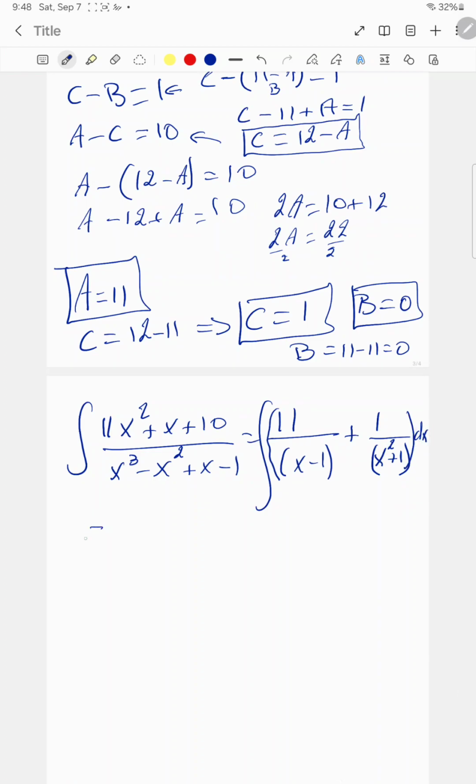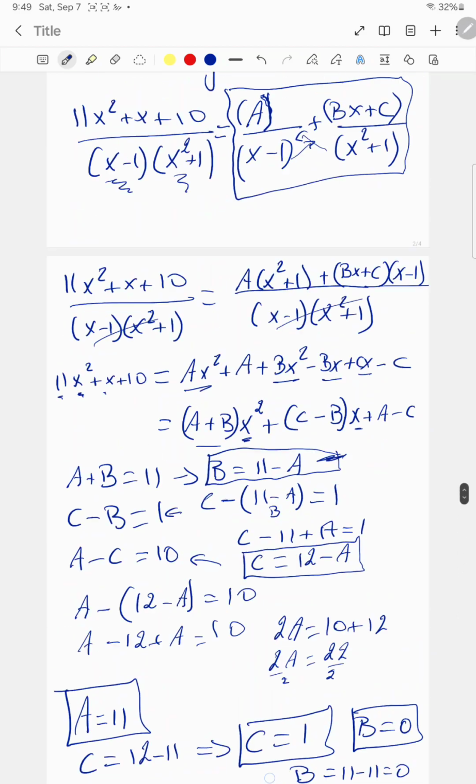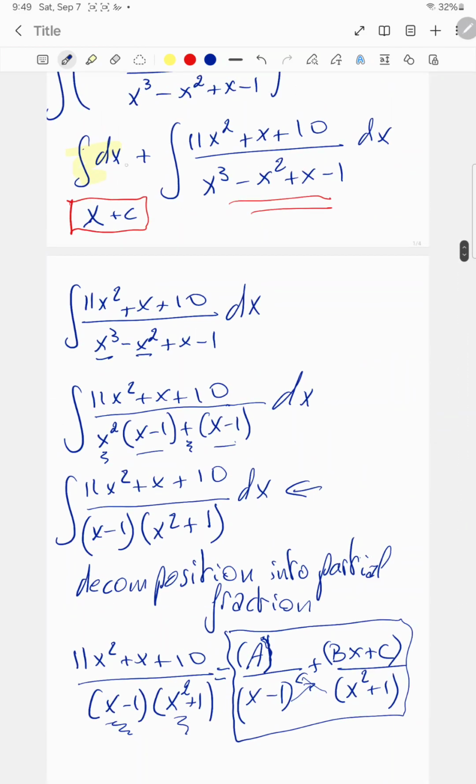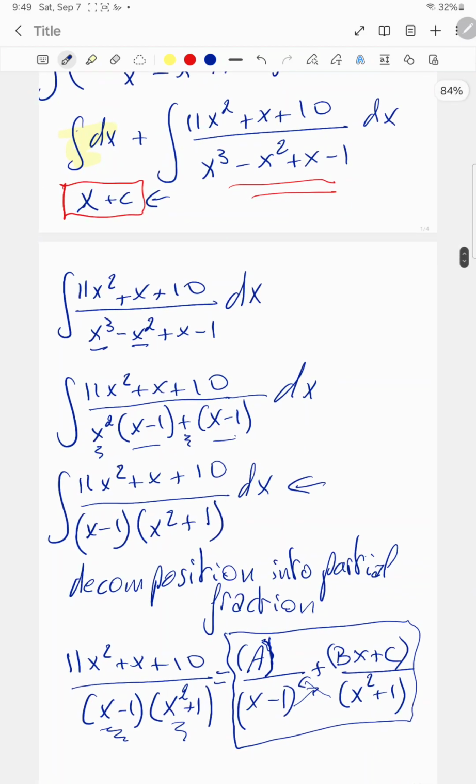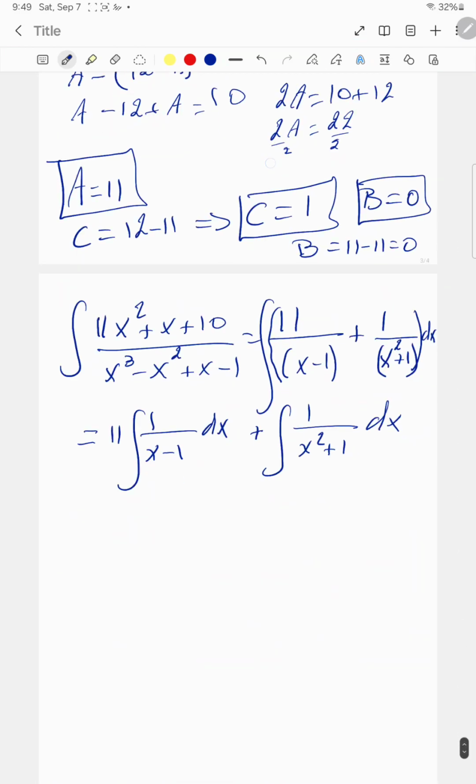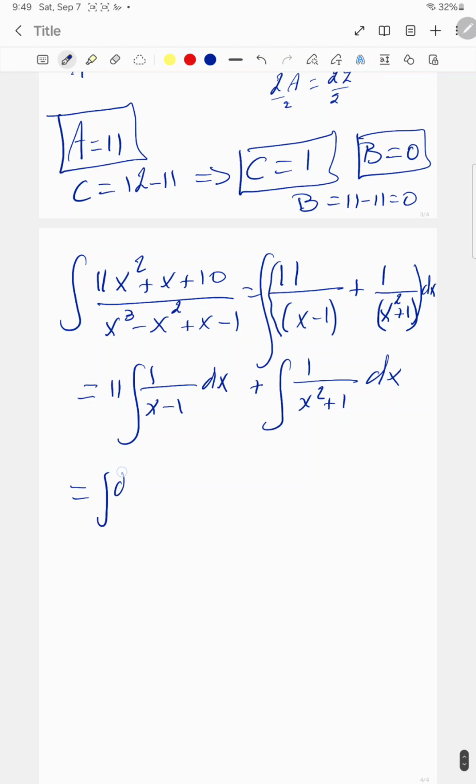So that integral, I can write as 11 integral of 1 over x minus 1 dx plus integral of 1 divided by x squared plus 1 dx. And I have to remember that here I have the integral of dx. So my final answer is the integral of dx plus 11 integral of 1 over x minus 1 dx plus integral of 1 divided by x squared plus 1 dx.